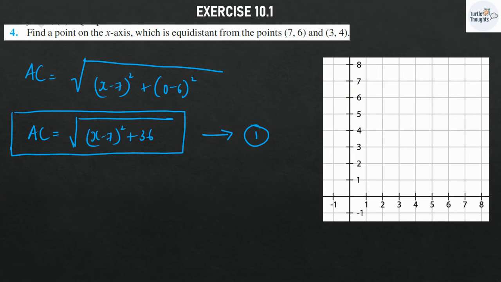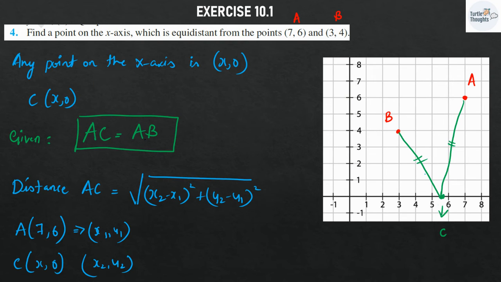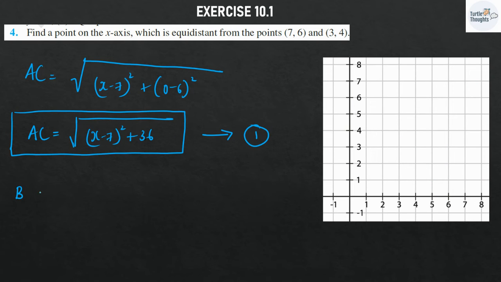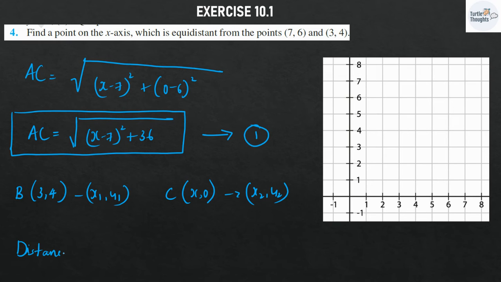Similarly, I can find out the distance BC also. So the distance BC, if I consider B as (3, 4), which is x1 y1, C to be (x, 0), which is x2 and y2, the distance BC is given by the distance formula. So the distance BC will be given by (x2 minus x1) whole square plus (y2 minus y1) whole square.